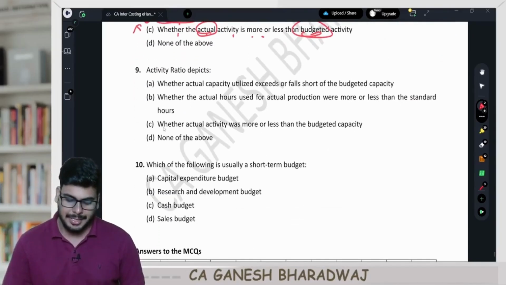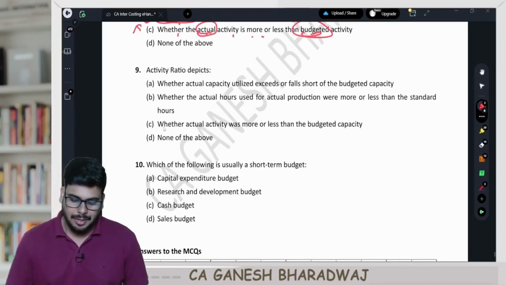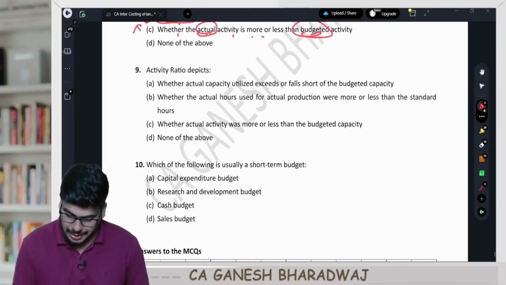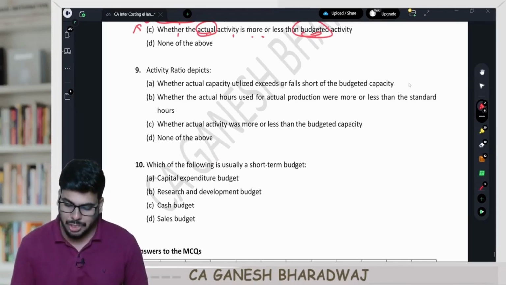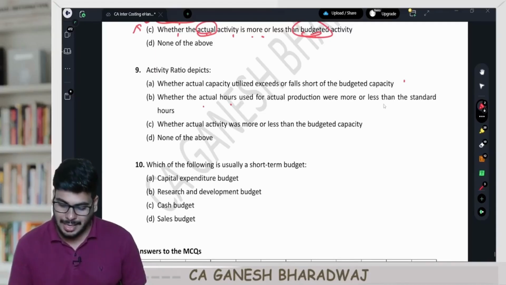Right? Next, activity ratio depicts what? A, B, C, D. Whether the actual capacity utilized exceeds or falls short of budgeted capacity. No, this is not what it says. Whether the actual hours used for actual production were more or less than the standard hours.